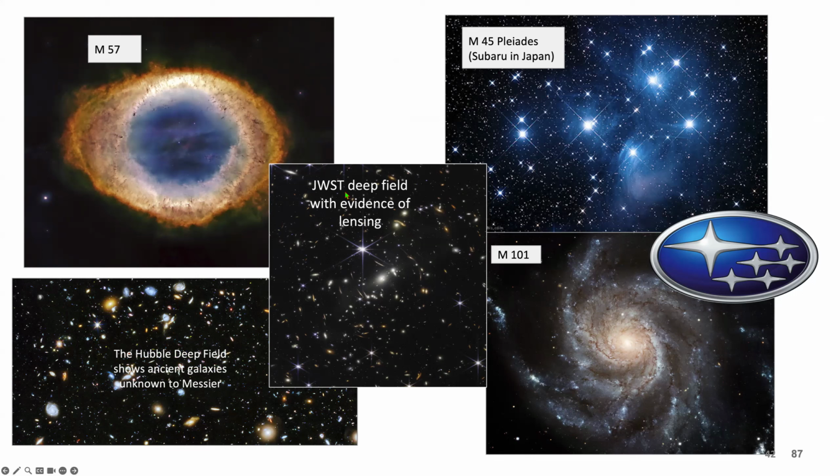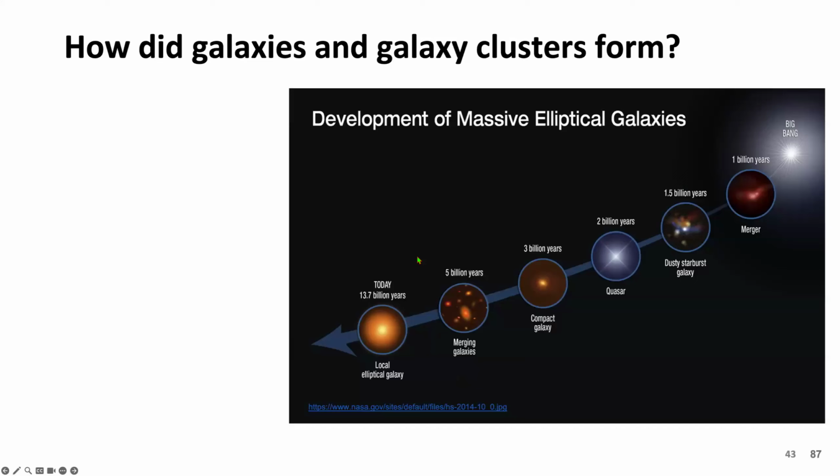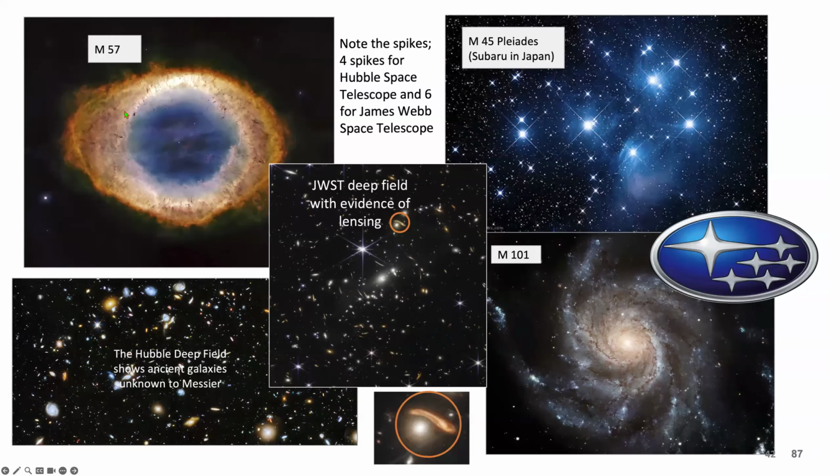JWST, the James Webb Space Telescope, was also asked to do this, point at a spot on the sky that seems to be empty, and look, it's dense with galaxies. Of particular interest is right here. That is the light from a far distant galaxy distorted by the path of light by an object between us and that distant galaxy.